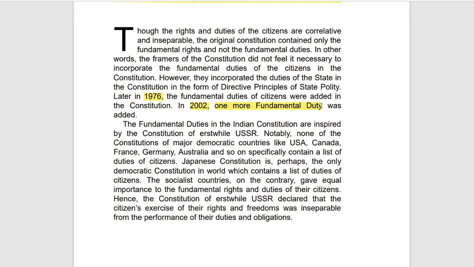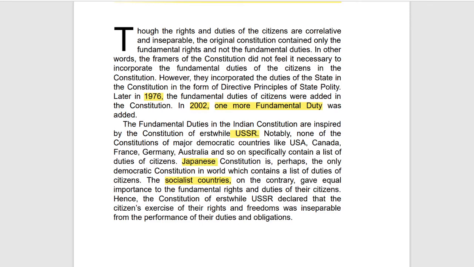Then I will also write here that we have taken inspiration from where? We have taken inspiration from USSR. Now whose features are these fundamental duties? Fundamental duties are features of socialist countries. Now, no major democratic countries have this fundamental duty, with the exception of the Japanese constitution. So this much of notes is sufficient from this entire paragraph.